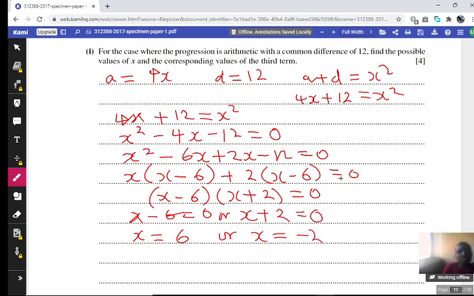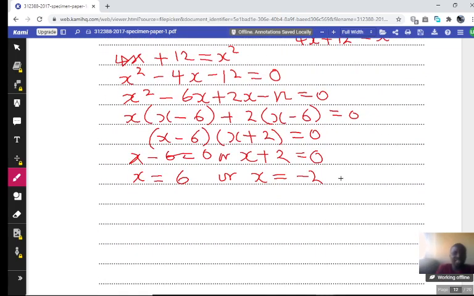Now the corresponding values of the third term. What are the corresponding values of the third term? You have to recall the third term of an arithmetic progression. So T3 is equal to a plus 2d.